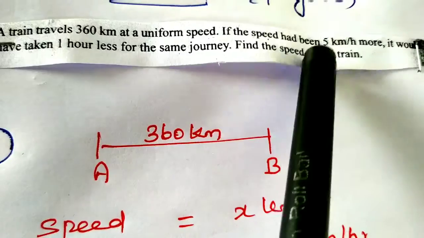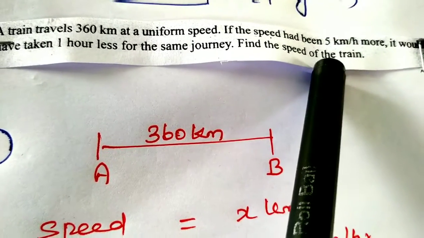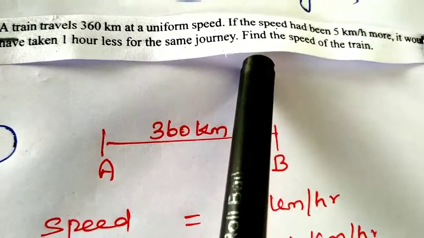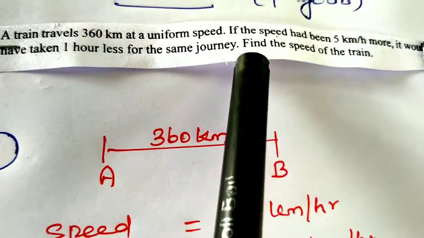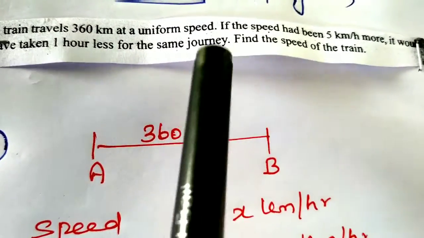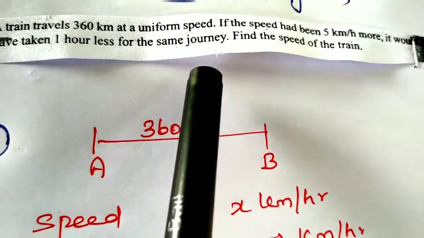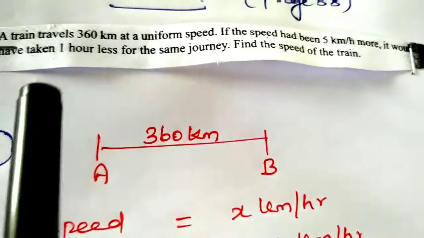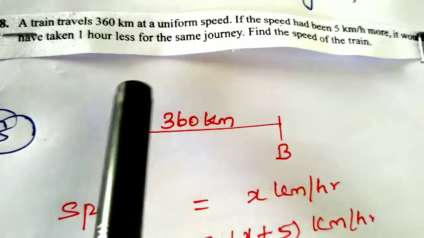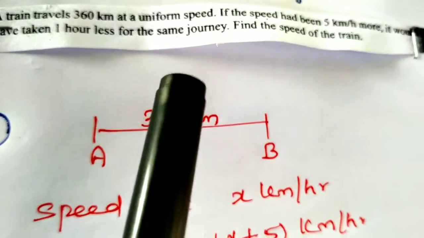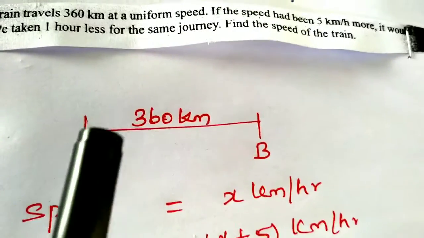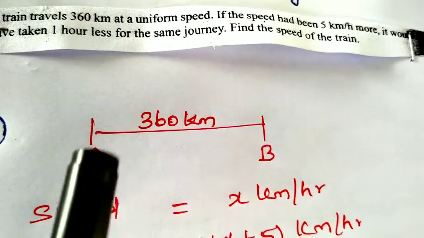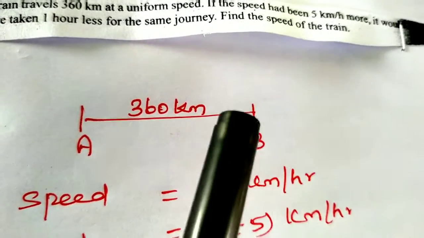If the speed had been 5 kilometer per hour more, let us consider the previous speed as x. When the speed increases by 5 kilometer, it would have taken 1 hour less for the same journey. The time taken by the train will reduce. Find the speed of the train.